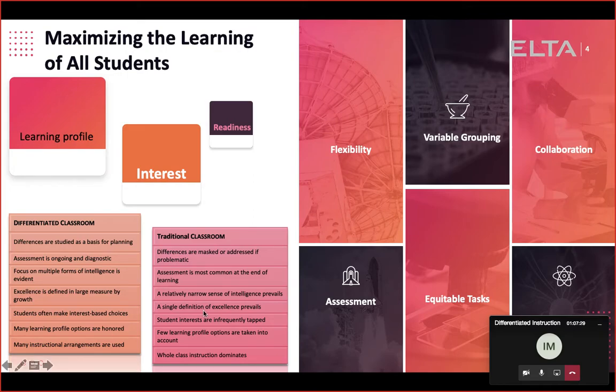Whereas in the traditional classroom, the assessment is most common at the end of the learning, which means that the teacher is doing a certain assessment only by the end of a certain trimester or semester, or even by the end of the year. Then the third example is that the focus on multiple forms of intelligence is very evident.